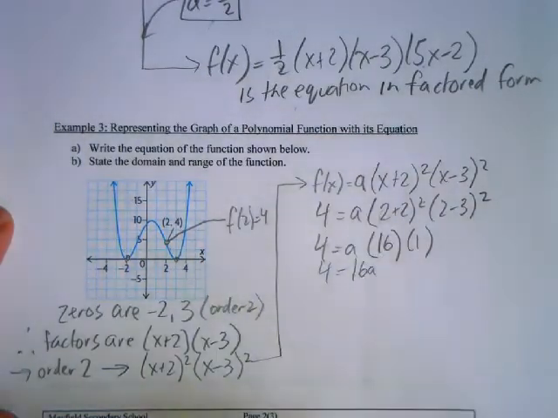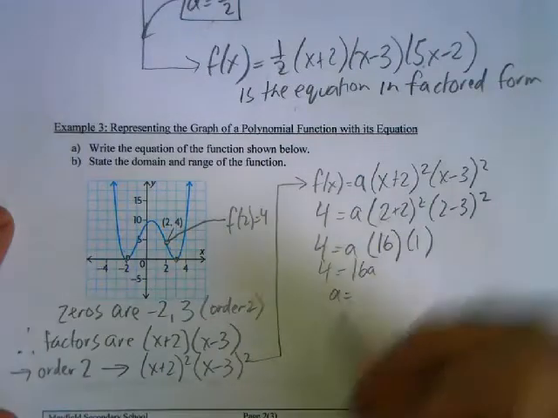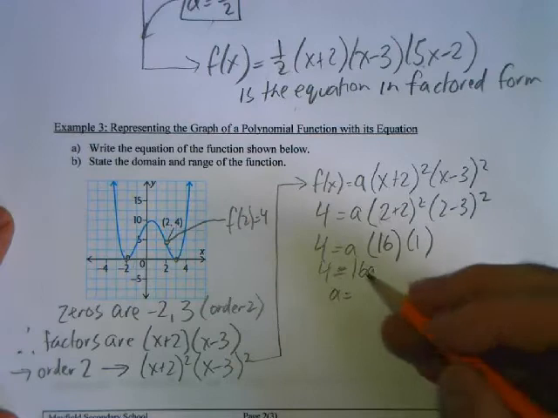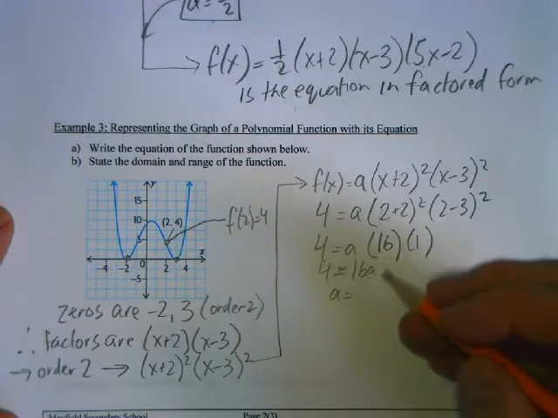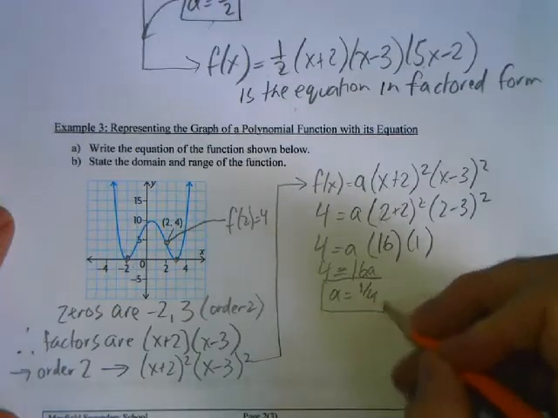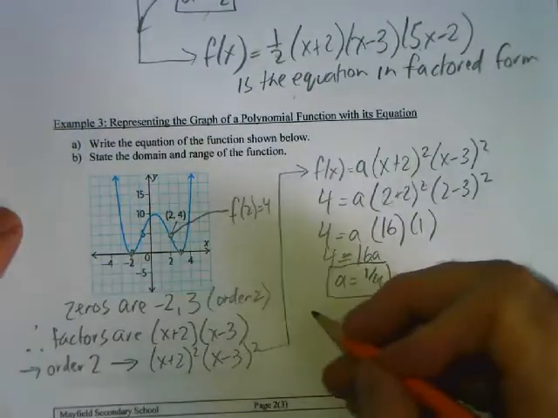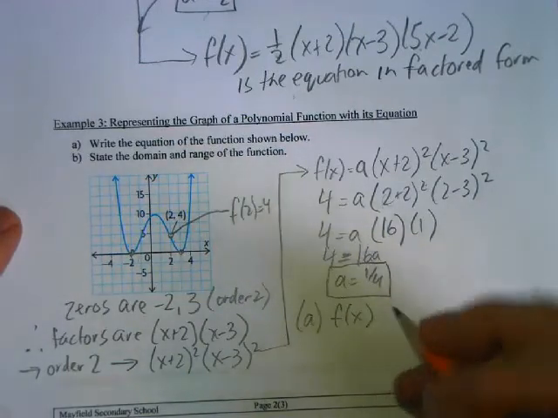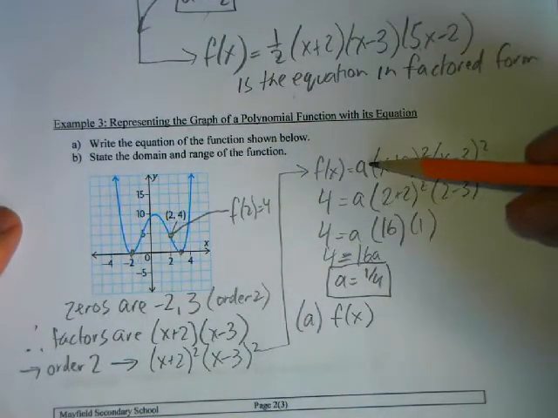If we divide both sides by 16, we get 4/16, which reduces to 1/4. So we know that a value is 1/4. So we can create our final version just by changing that a to 1/4.